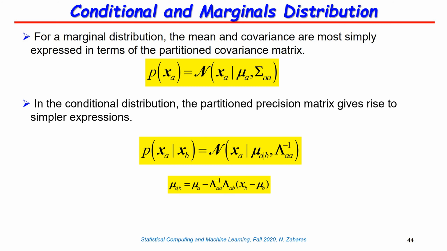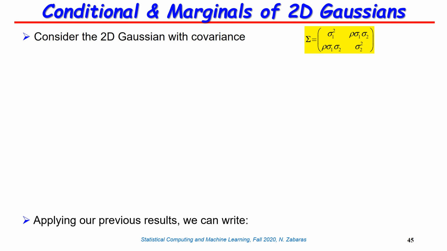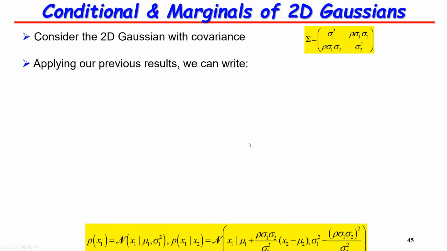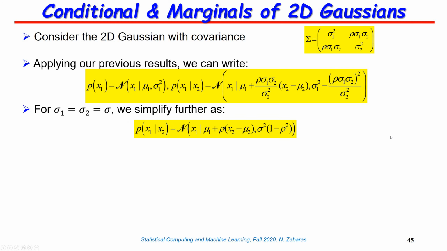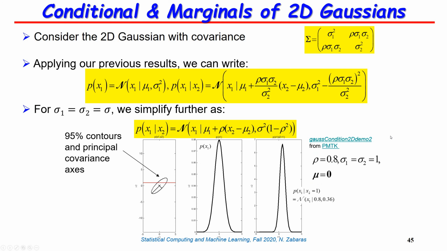Before I give you that example, there is on the slides, and you can revisit this, an application of these formulas to a two-dimensional covariance matrix. I'm not going to go through this. I think we have seen this before. Even though the formulas before were for matrices, you can apply them when the partition XA and XB lead to two scalars, x1 and x2.